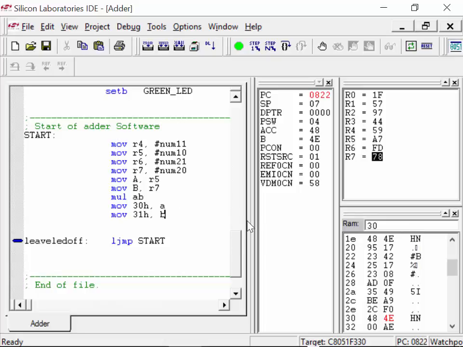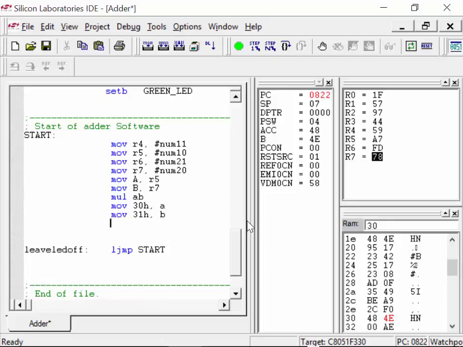Now we're just going to repeat this for the next one. So now that we've multiplied 10 and 20, let's go ahead and multiply 11 times 20. So move A, and 11 is R4.